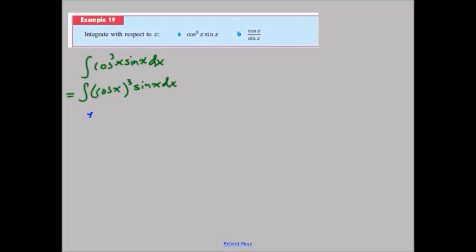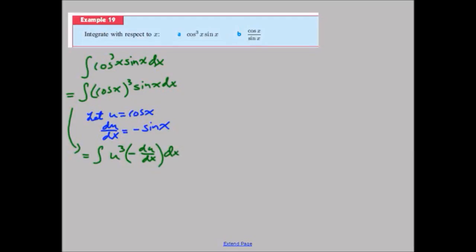Let's let u equal cos x. So du/dx will be negative sine x. Therefore, this will equal u cubed multiplied by negative du/dx.